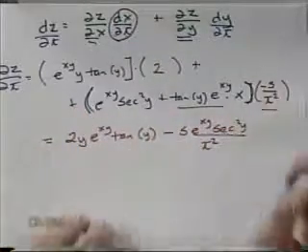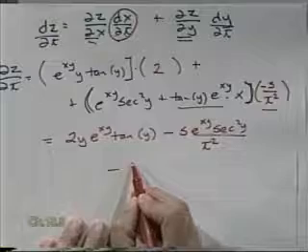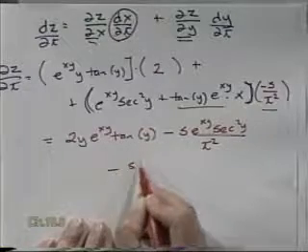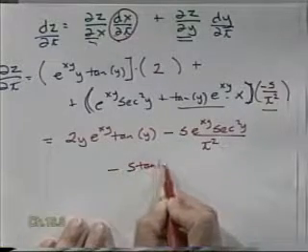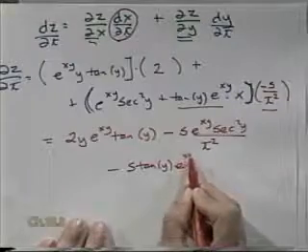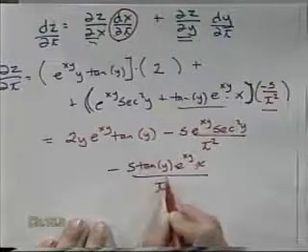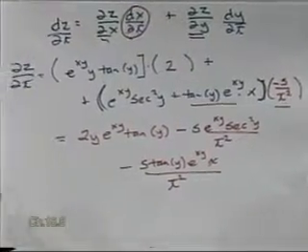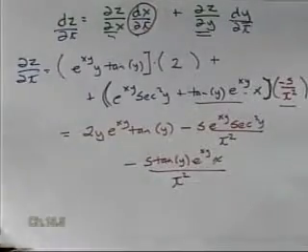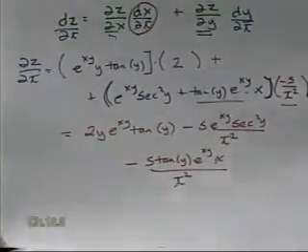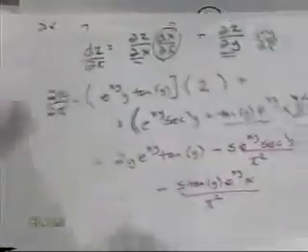And if you take this times this, you'd get a minus s tangent of y e to the xy x all over t squared. And to tell you the truth, I think that's fine. You can go nuts in terms of simplifying, factoring out whatever you want to do. Okay? So the point is, the differential just tells you what to do.